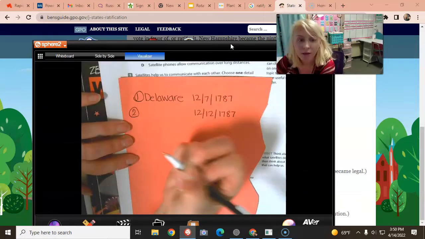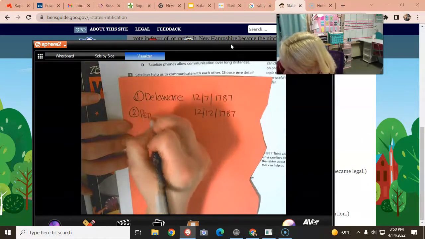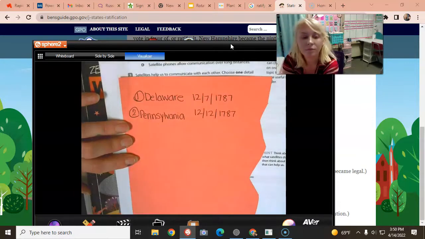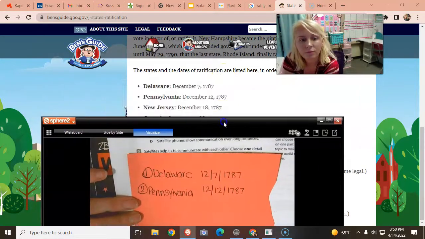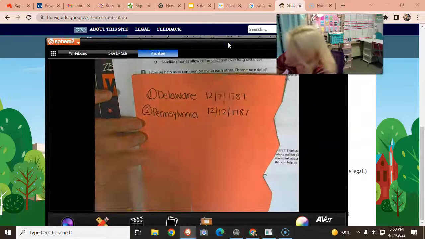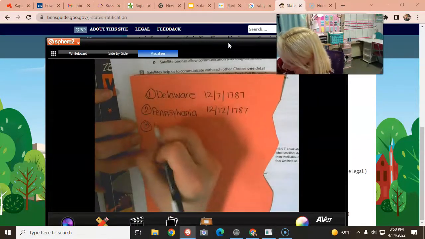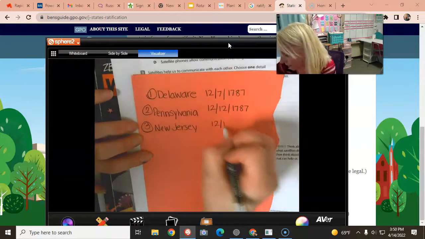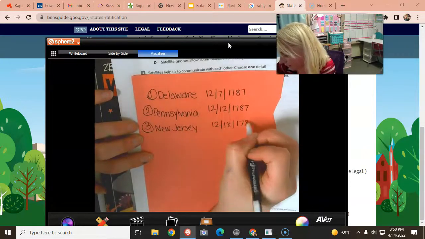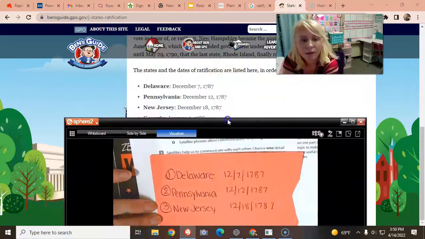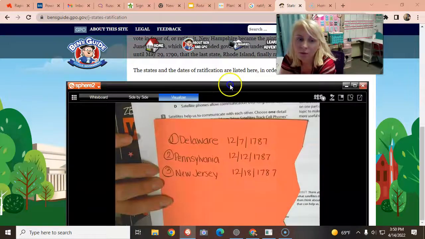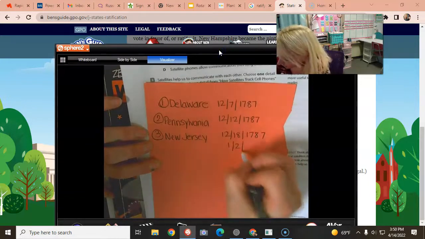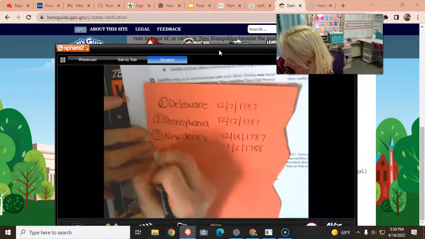Then New Jersey, 1787. Next was Georgia, January 2nd, 1788.